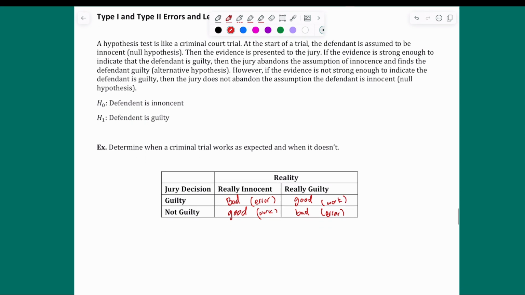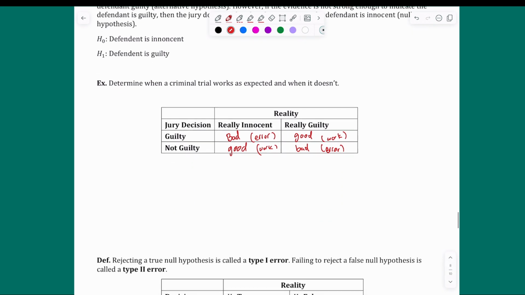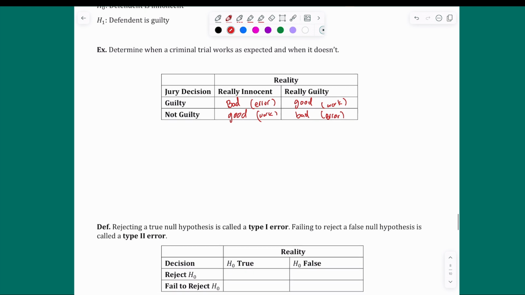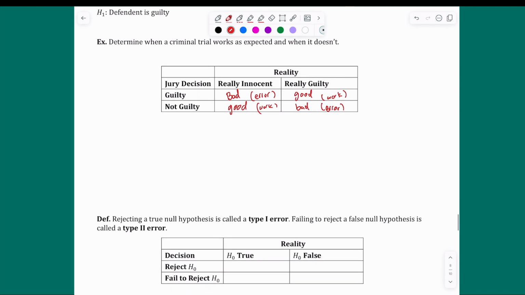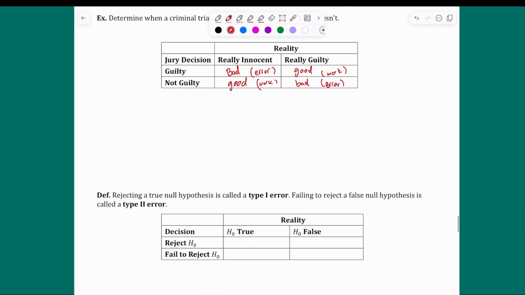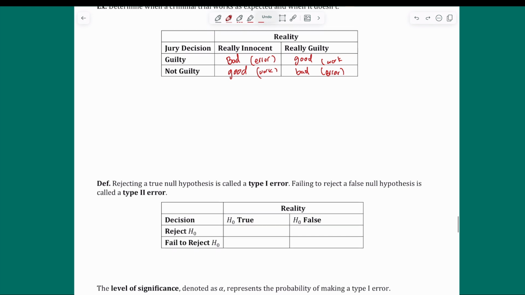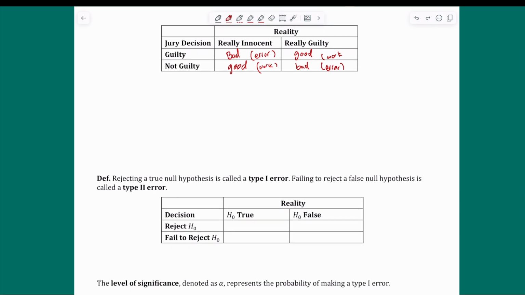So what I'm trying to introduce here is something called type 1 and type 2 errors. The definition: rejecting a true null hypothesis is called a type 1 error, and failing to reject a false null hypothesis is called a type 2 error. What we see here is pretty much the same table. The decision from the hypothesis test is either going to reject the null or fail to reject the null.